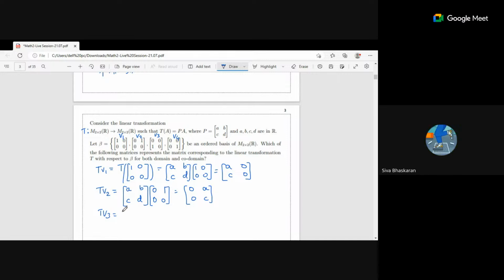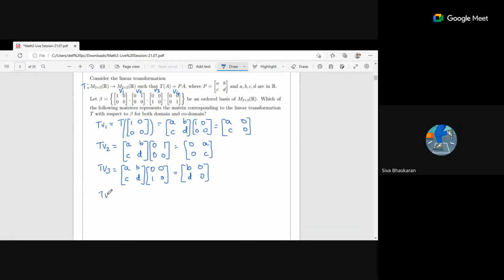TV3 will be A, B, C, D into 0, 0, 1, 0. So this will be B, 0, D, 0. And TV4 will be the column interchange of TV3.